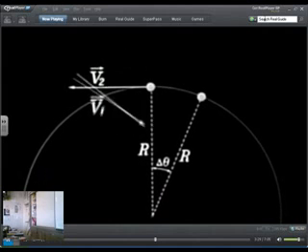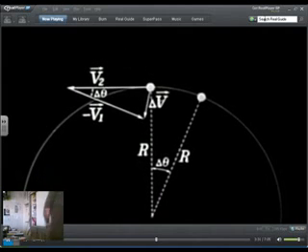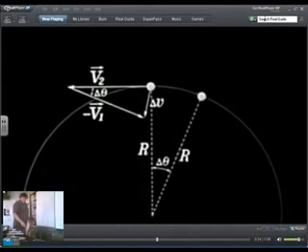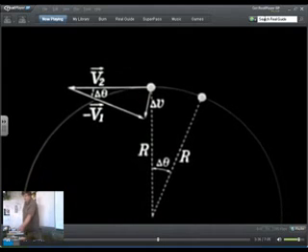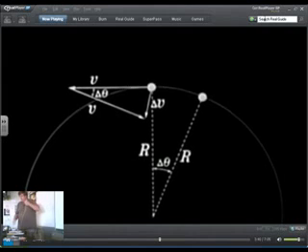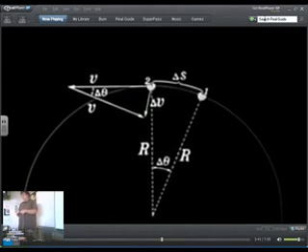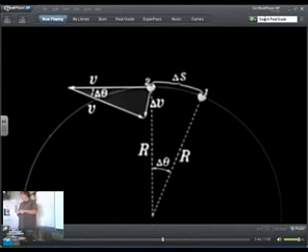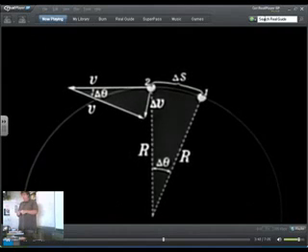The magnitude of the vector delta v is small delta v, and the magnitude of both vectors v1 and v2 is small v. If points 1 and 2 are extremely close together, the vector triangle and the space triangle are similar triangles.